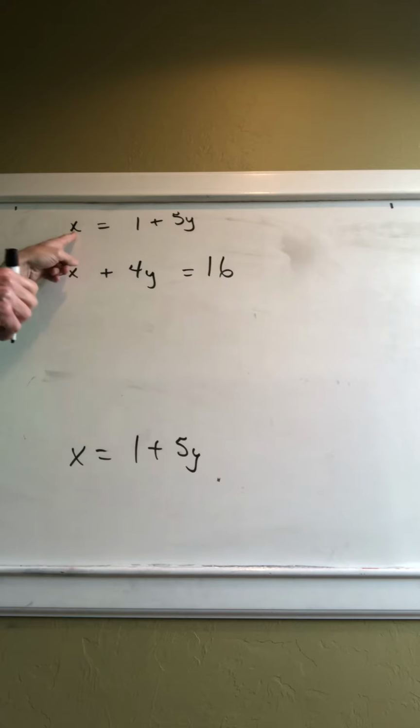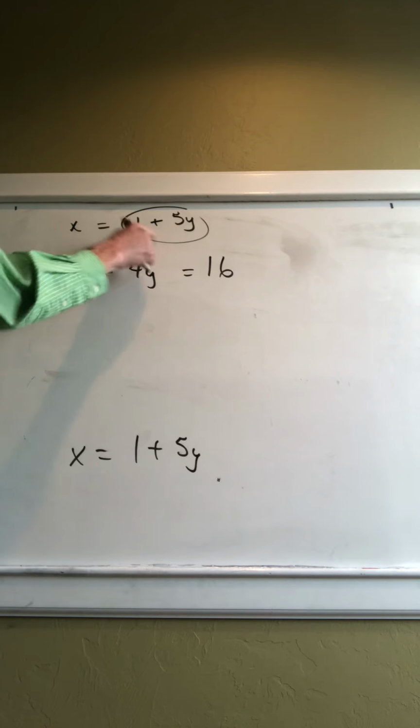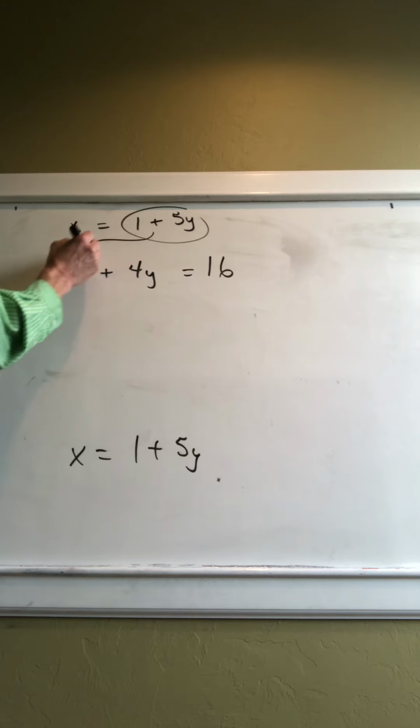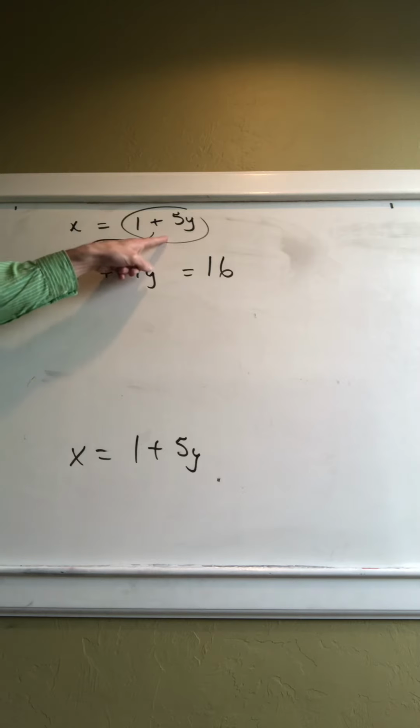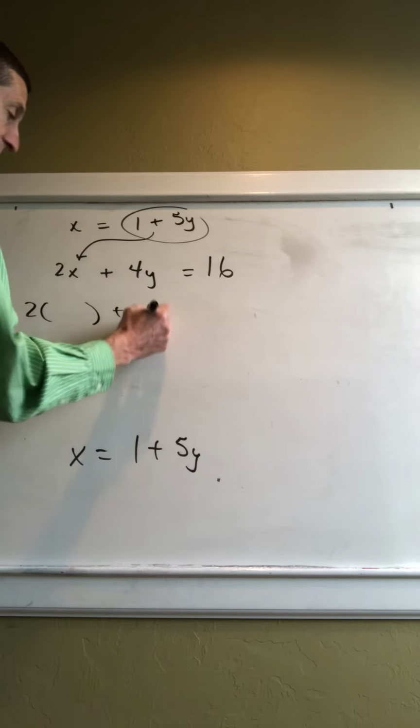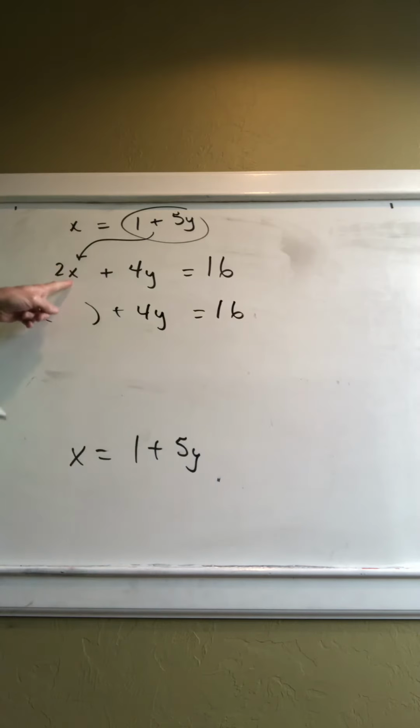We know what x is equal to: x is equal to 1 plus 5y. So we're substituting what x is equal to from this equation into the other equation. We're getting rid of the x and substituting what our new x is, 1 plus 5y. We're plugging it right in there.